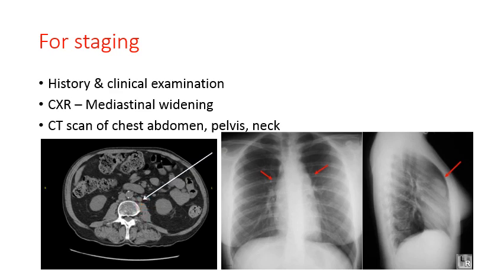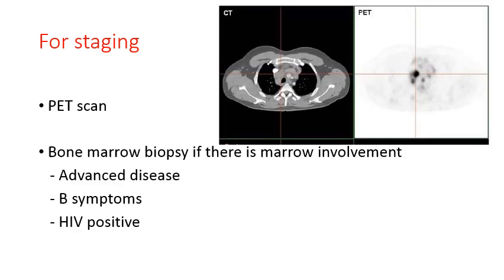But in certain instances, especially not in Hodgkin's but in non-Hodgkin's, if there is intestinal involvement causing narrowing of the intestine, sometimes MRI is helpful, and in certain areas where you can't see well in CT, MRI is also indicated.